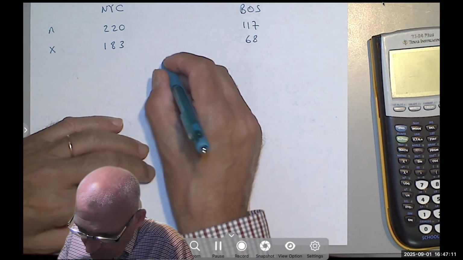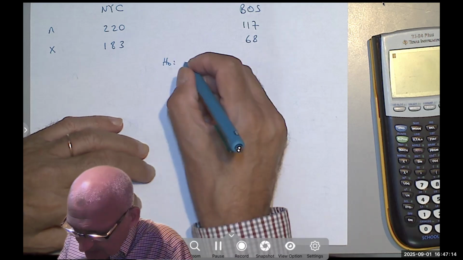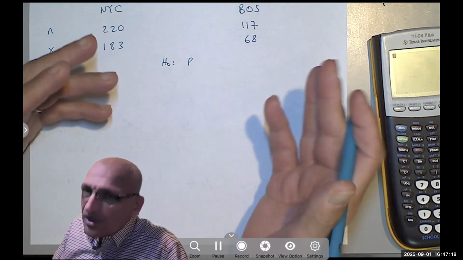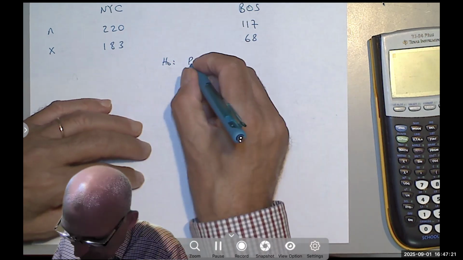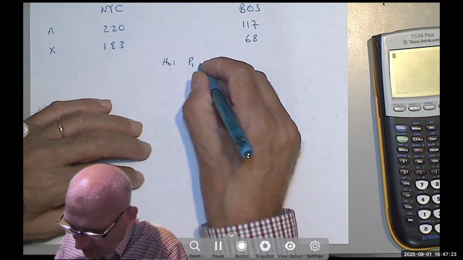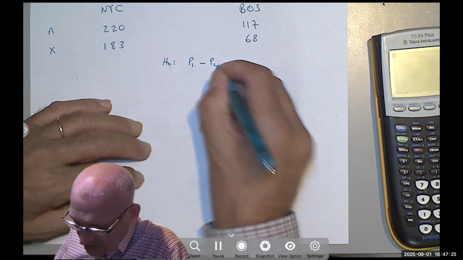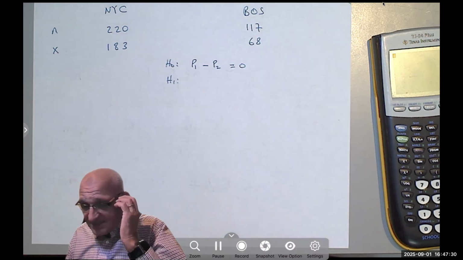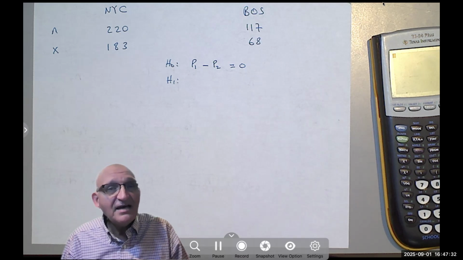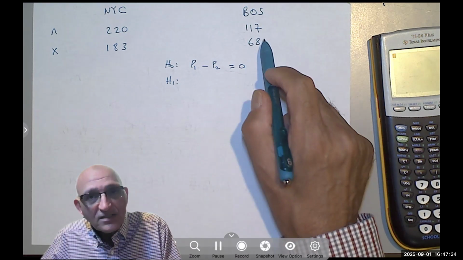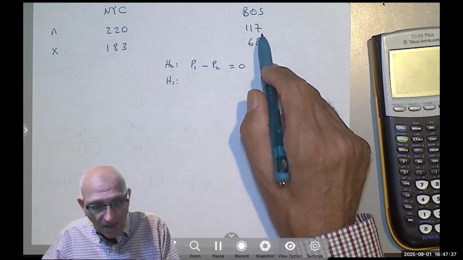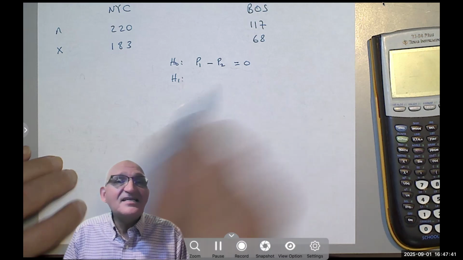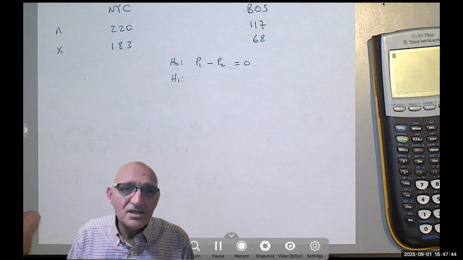But we are going to say that the null hypothesis is again P1, which I prefer to write pi 1, P sub 1, which is New York City, minus P sub 2, which is Boston, equals 0, versus the alternative hypothesis that says, is there compelling evidence that the proportion of people wearing their seat belts in Boston is significantly less than those in New York?